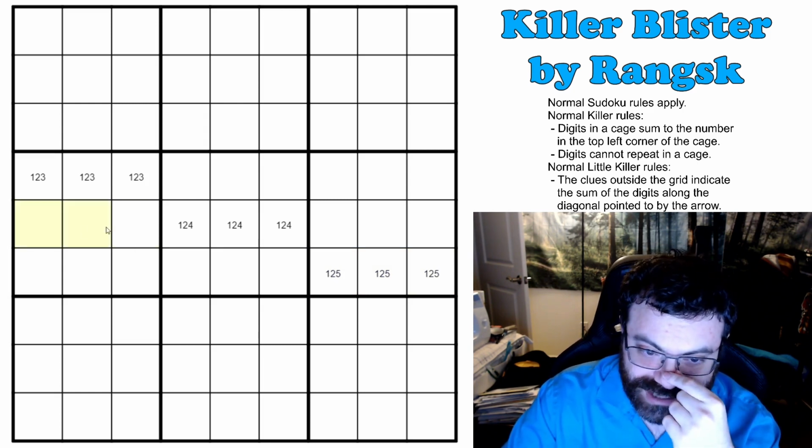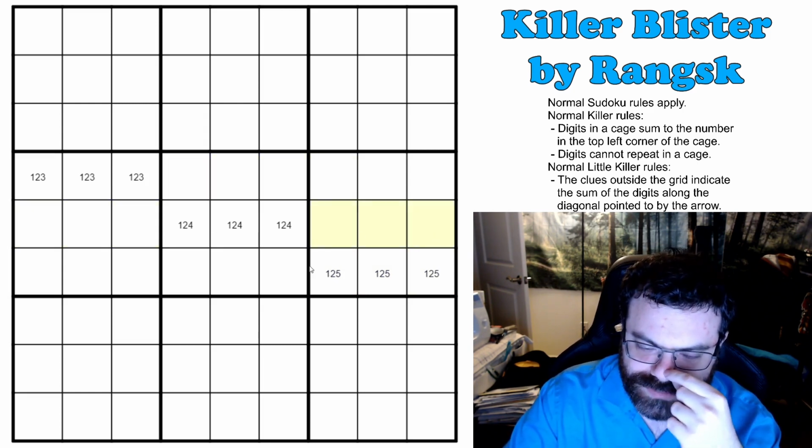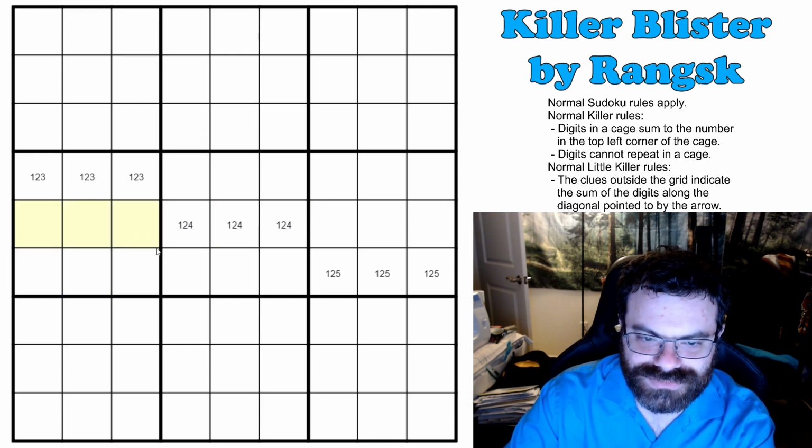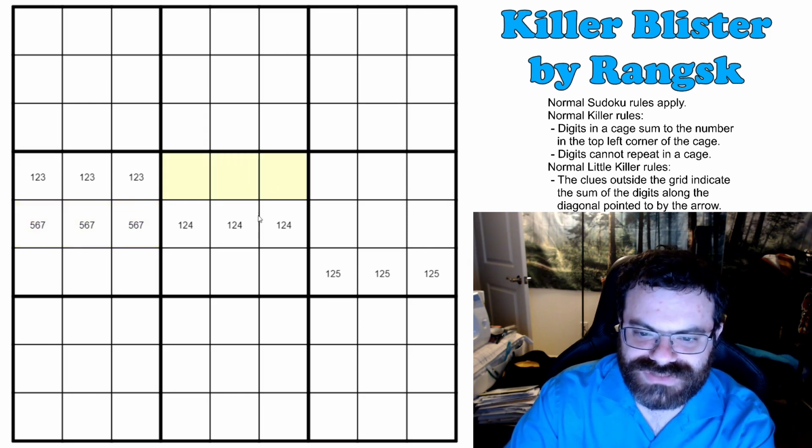And so you can't have the same 3 repeated anywhere in this band. So if I were to put 4, 5, 6 here, well, I couldn't put it there because of the 1, 2, 4. So let's put something reasonable here. 5, 6, and 7, right? If I put 5, 6, and 7 here, then I couldn't put 5, 6, 7 anywhere else.